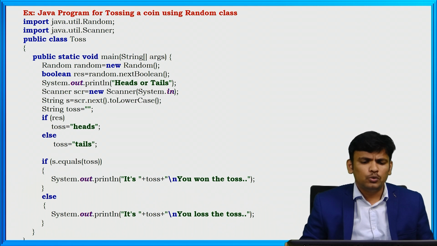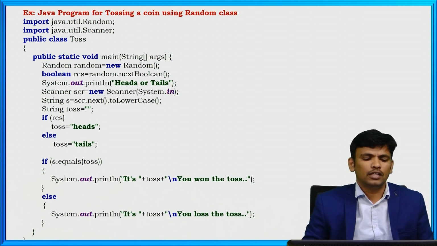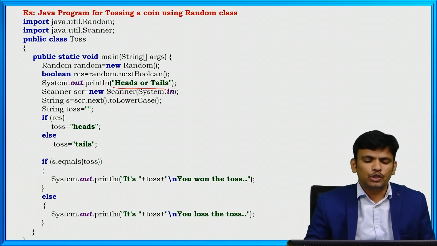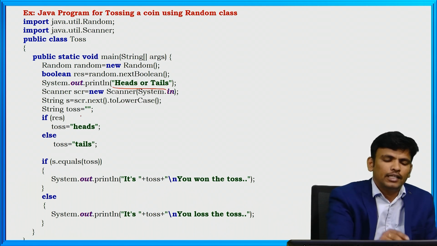Coming to a simple application using the Random class. As I mentioned, using the boolean method, I developed a simple application, tossing a coin. Here the user needs to enter his choice, heads or tails. Suppose the user enters heads, we need to verify whether it is a head or not.